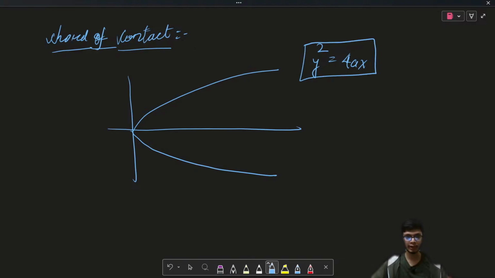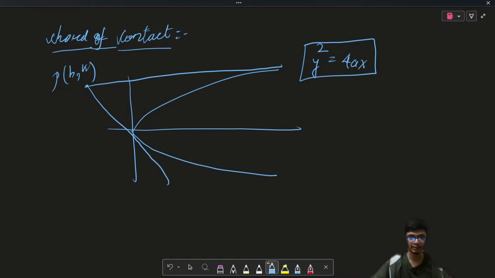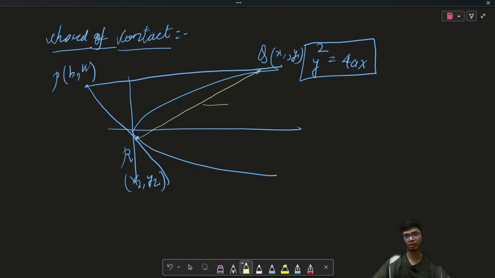If I take any point P outside the parabola whose coordinates are h comma k, and from this point if I draw two tangents to this parabola, let us say the tangents touch at points R and Q, whose coordinates are x1 y1 and x2 y2, right? So if I draw the chord between points Q and R, this is called the chord of contact.